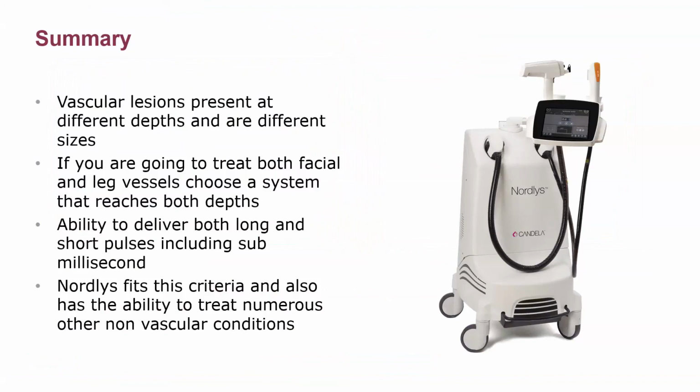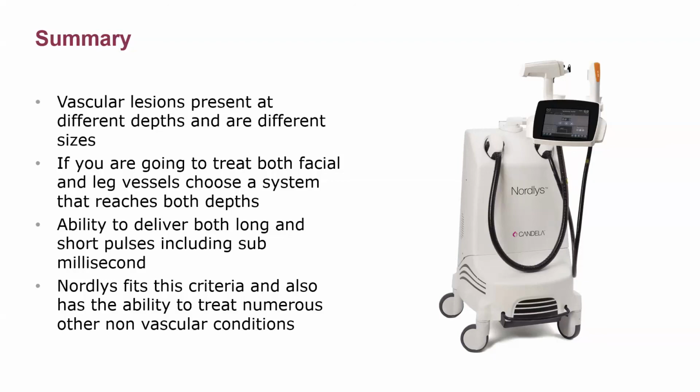And if you want to be in a situation where you can treat the very small and the larger vessels, whether it be on the face, on the trunk, or on the legs, then you need to think about choosing a system that is going to give you that flexibility of treating very small, superficial, and the larger, deeper vessels. And secondly, having the ability to deliver both long and short pulses, including these sub-millisecond pulses.